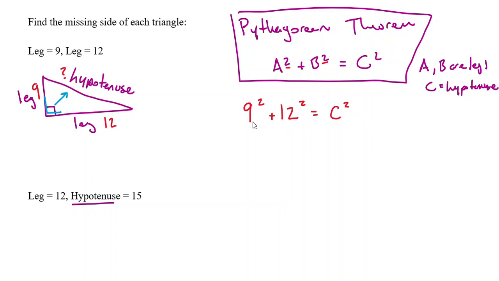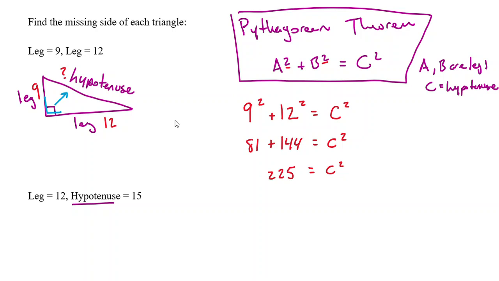So 9 squared, 9 times 9 is 81. 12 squared, 12 times 12 is 144. If we add those together, we will get c squared. Okay, let's do that. 1 plus 4 is 5. 8 plus 4 is 12. Carry the 1. 1 plus 1 is 2. So c squared is 225.